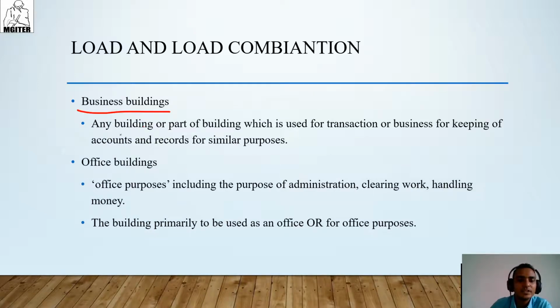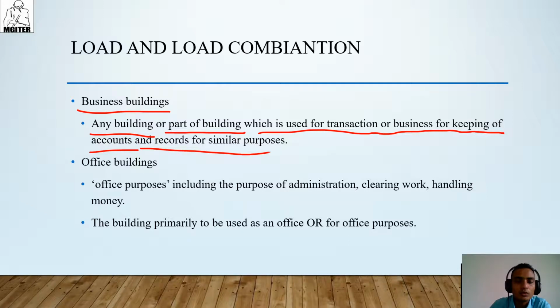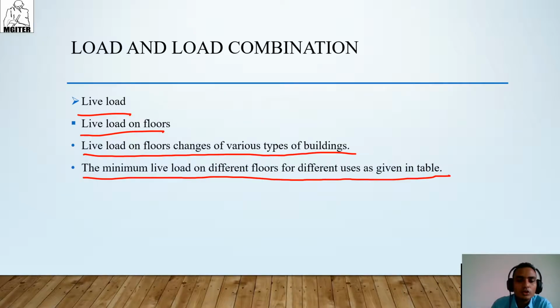Then after, business building: any building or a part of a building which is used for the transaction of business, for the keeping of accounts and records, for similar purposes. While I am informing you about some building details, because the live load on the floor changes with various types of the building.